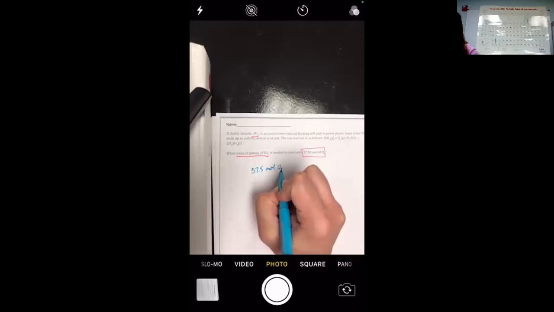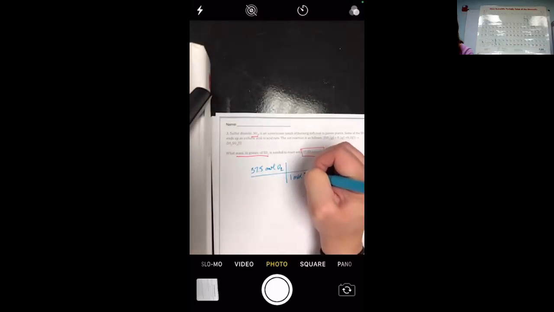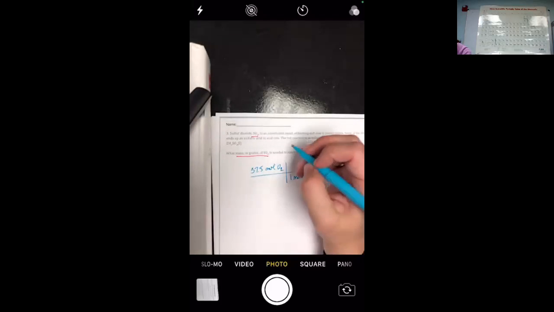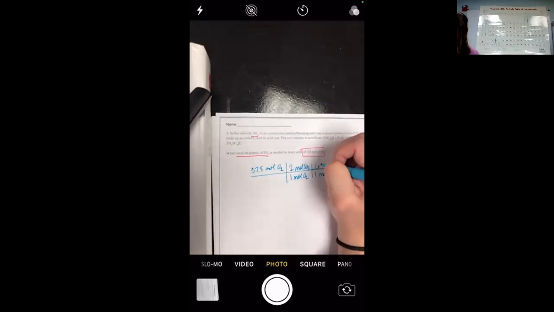37.5 moles of oxygen. In this equation, I have 1 mole of oxygen. And SO2, I have 2 moles of SO2. And 1 mole of SO2 has a mass of 32 plus 32 is 64.